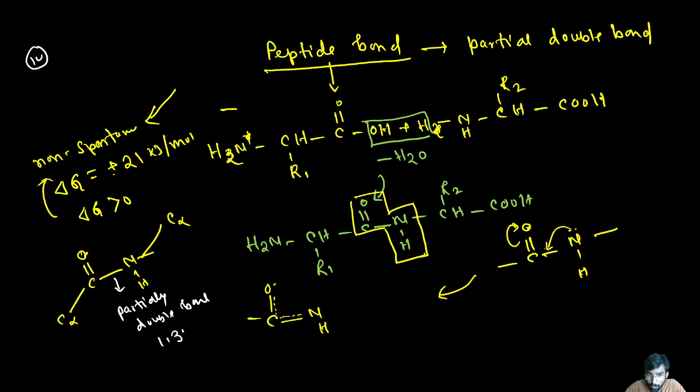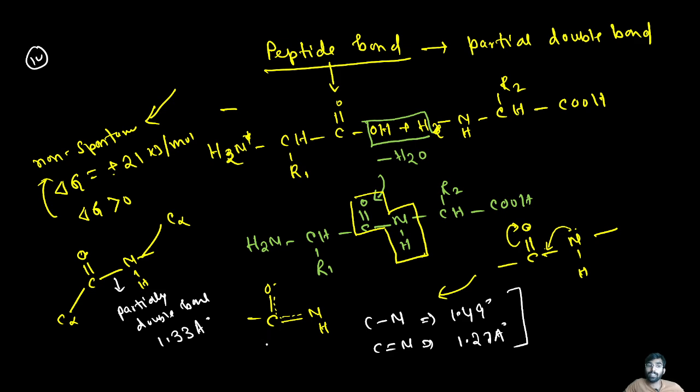Its distance is 1.33 angstrom. In general, the CN single bond length is 1.49 angstrom. CN double bond is 1.27 angstrom. So the peptide bond CN length is in between them. That means it is partially double bond.